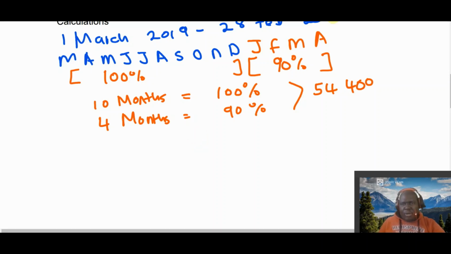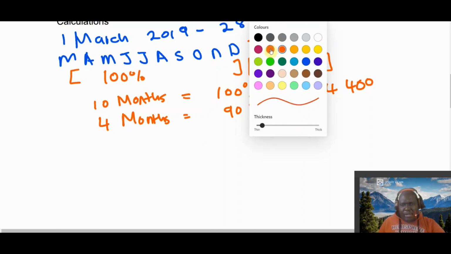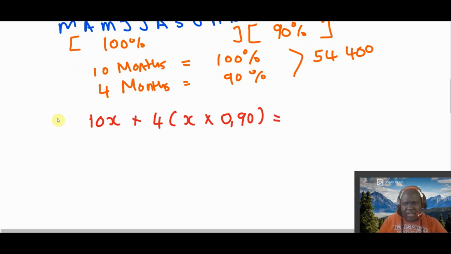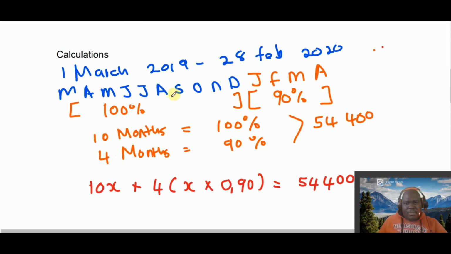Okay, so I'm going to change my pen just so that we can have some colorful work. So at the end of the day, after taking all these things into consideration, we will have 10x plus 4 into x times 0.90 is equal to 54,400, and all this information is what we've written here, taking into consideration also the timeline.